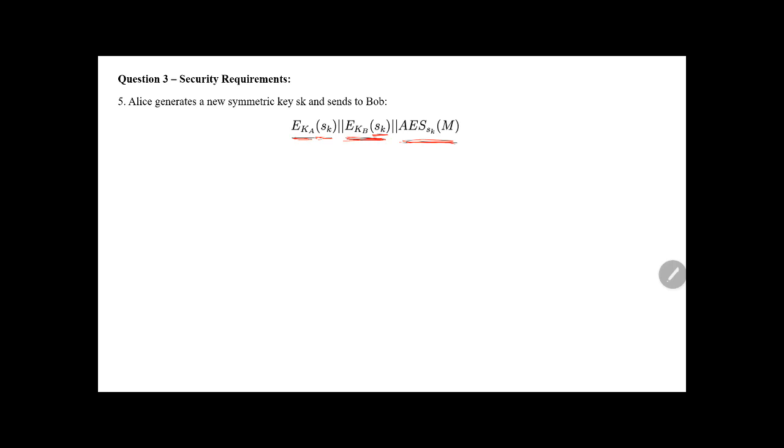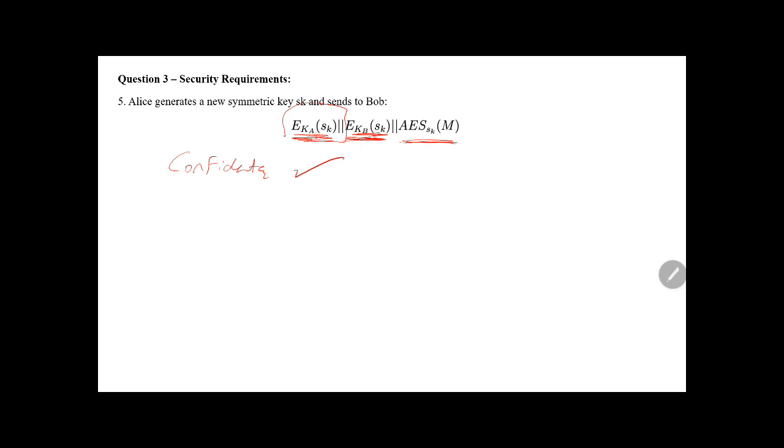So let's see what it satisfies here. This scheme will satisfy confidentiality, even though Bob will not be able to retrieve the symmetric key from this part, but he will be able to retrieve it from this part.